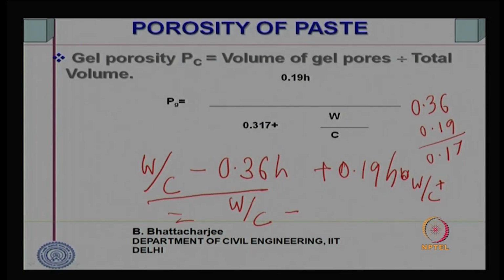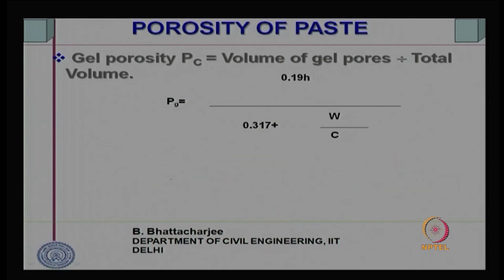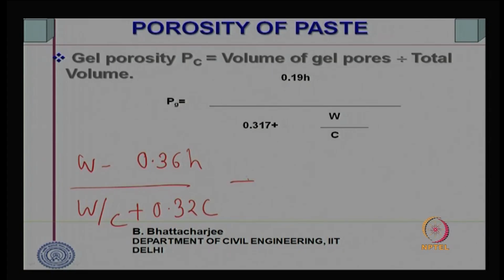Let me do it again. The capillary porosity was W minus 0.36 H divided by W by C plus 0.32, plus the gel porosity 0.19 H divided by W by C plus 0.32.